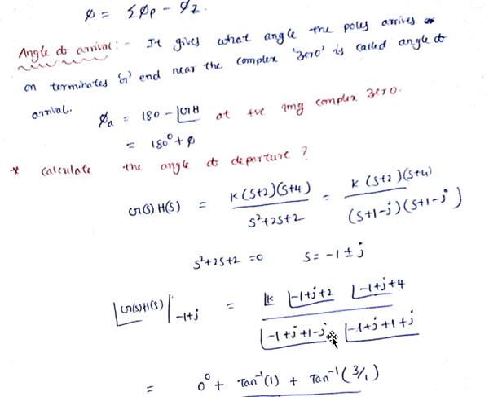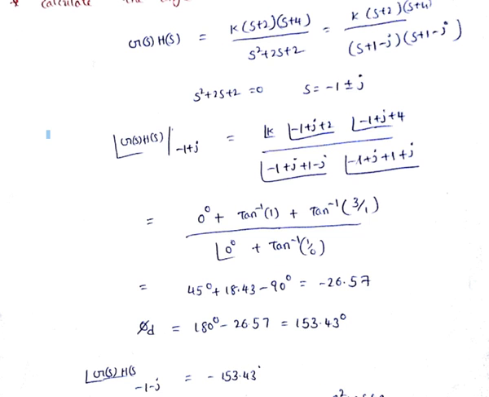Finally you have the angle. The angle of a complex number is tan inverse of the imaginary component by the real component. Here the imaginary component is 1 and the real component is 1, so the angle is tan inverse 1.